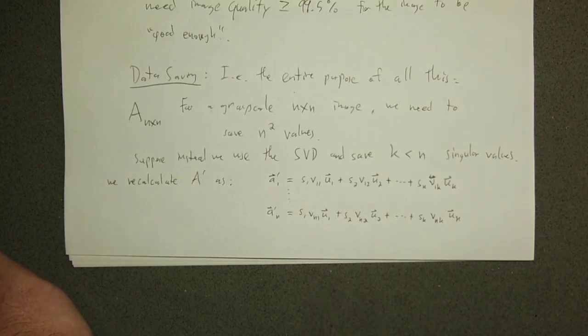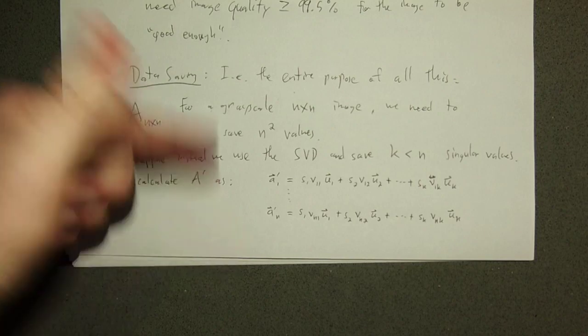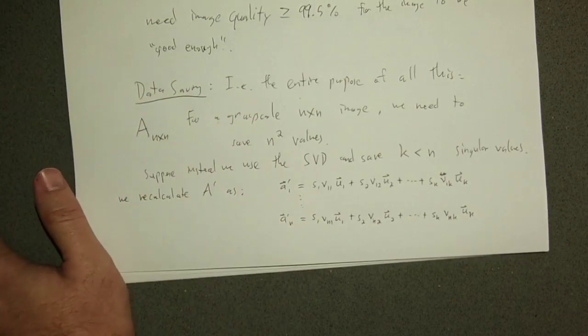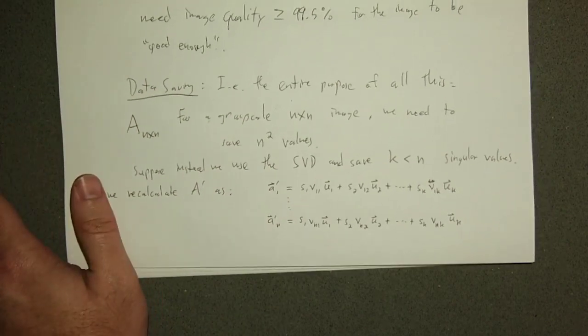So if we think of the right-hand side as linear combinations of the u sub i vectors, then all you really need to save are those u sub i vectors. And therefore there's n values in each of those, so k times n values. The coefficients to define each of those a sub i prime vectors is k values, so that's a total of k times n values again.